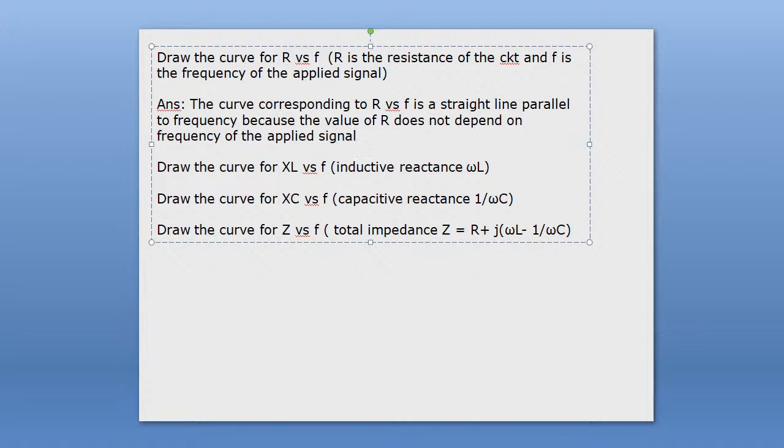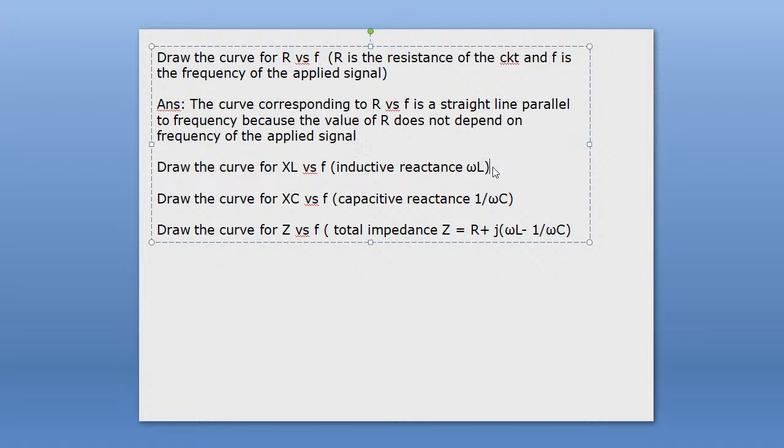But if you see the inductive reactance, you see a term omega is associated with it. That means it depends on frequency. And if you see the capacitive reactance, there is also a frequency term associated with this reactance, that is omega. So if the omega term is associated with any reactance or impedance, that means that particular variable is a function of frequency, or depends on the value of frequency.